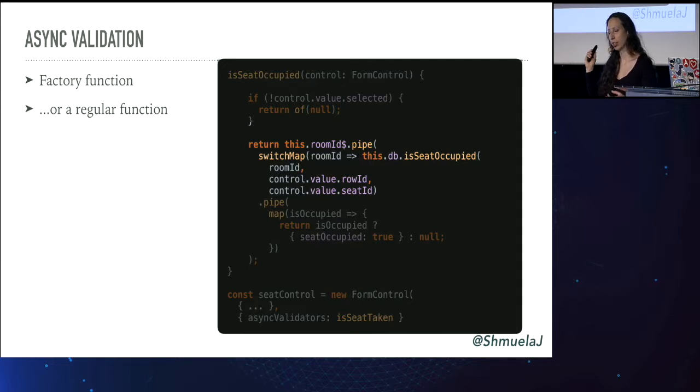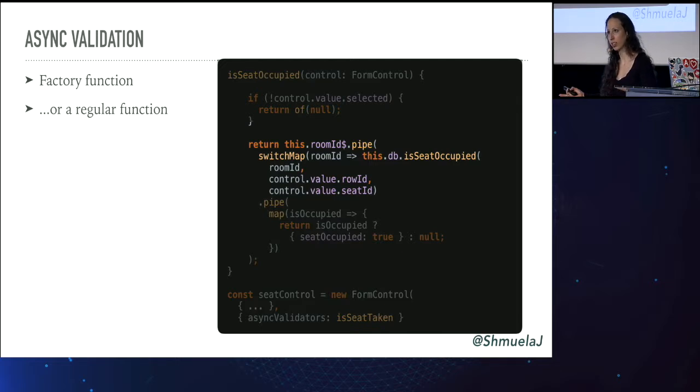Remember that we got the room ID when we got the route parameters, and we fetched the data from the server, and then we created an observable with the room ID. Actually, even before we got the data from the server, just from the route parameters.